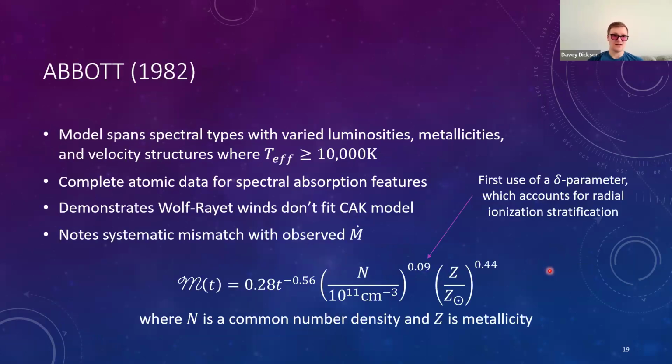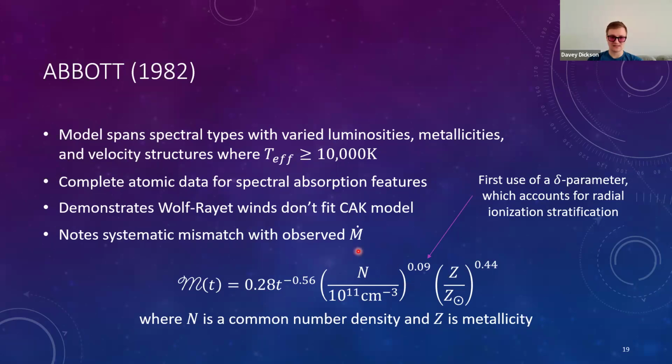In the 80s, Abbott expanded this model by applying it to a wider range of systems. So this CAK approach was applied to a variety of luminosities, metallicities, and temperatures, and found a number of dependencies here to a general fit.